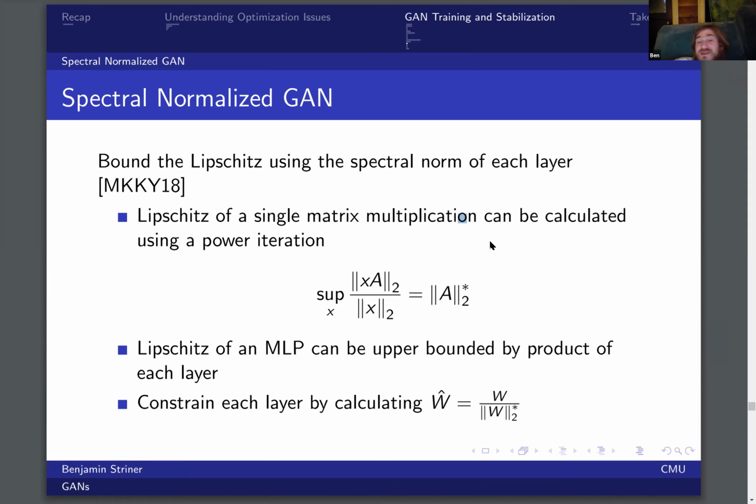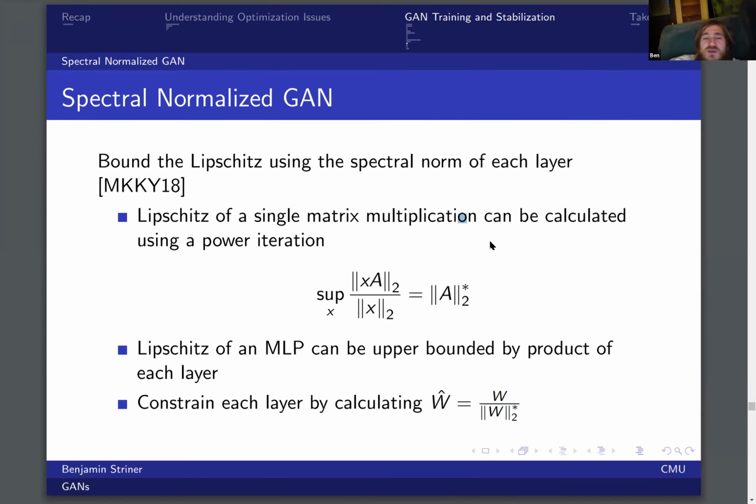That doesn't mean that is the Lipschitz of your network, but I can put a bound on it. I know your network definitely doesn't have a higher Lipschitz than this. Because if your first layer multiplies by 2 and your second layer multiplies by 3, then overall, there's no way these two things together do anything more than multiplying by 6. Might be less, but I've got an upper bound.